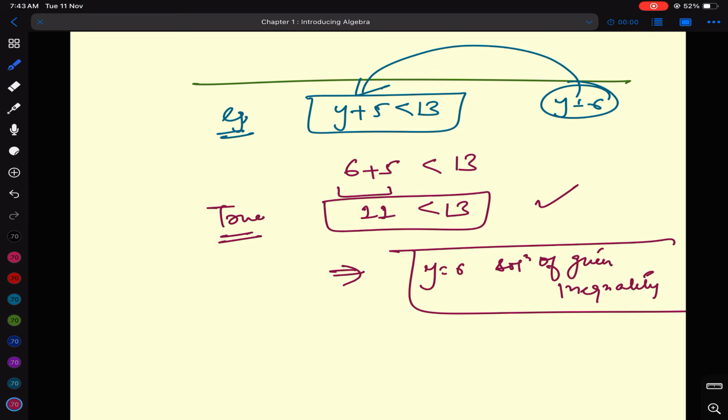Now in the next video I'll be covering the next chapter, which is exploring and understanding the integers. This was the first chapter, that is introduction to algebra. The next chapter, in the coming video, is exploring and understanding the integers.